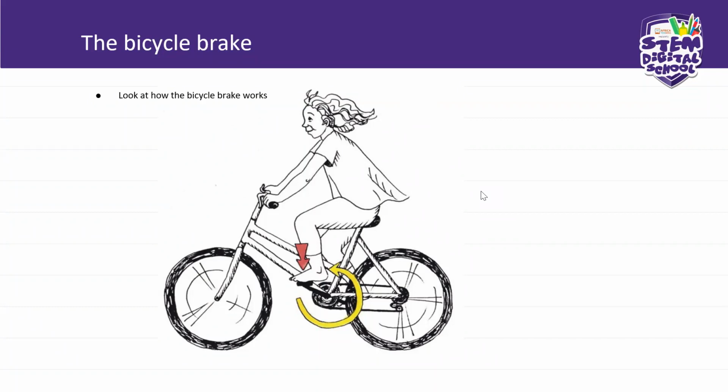So that is the output, the linear movement. The process is the rotary motion. The output is the linear motion, okay?